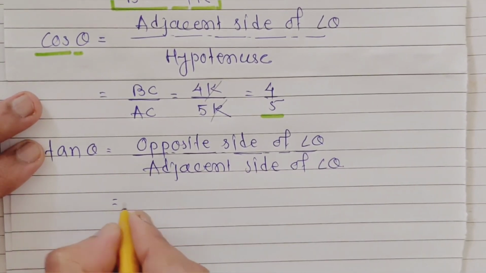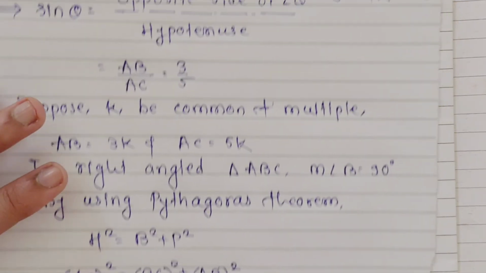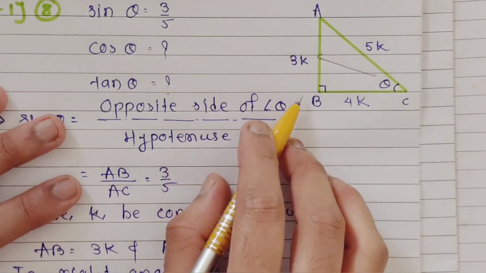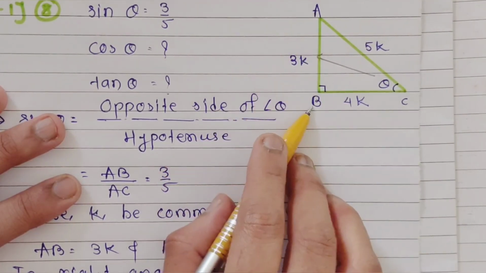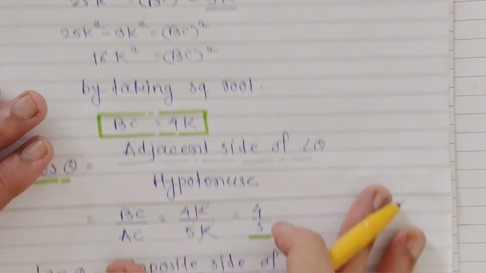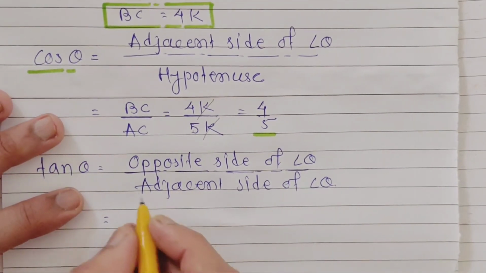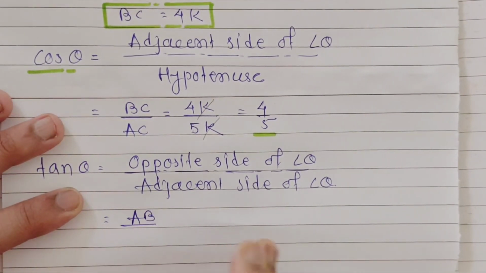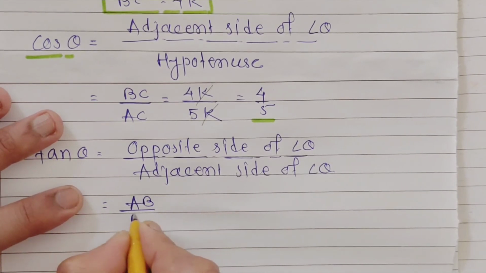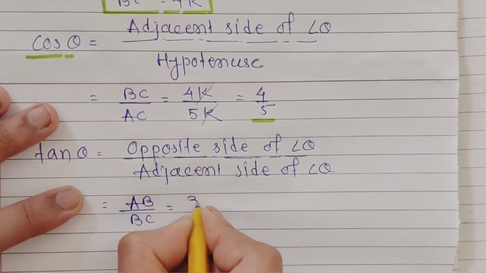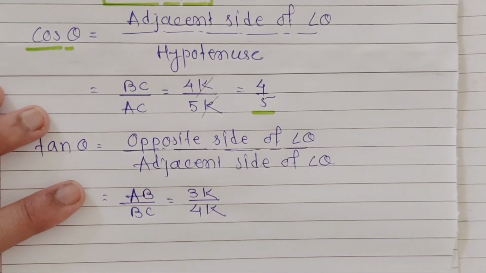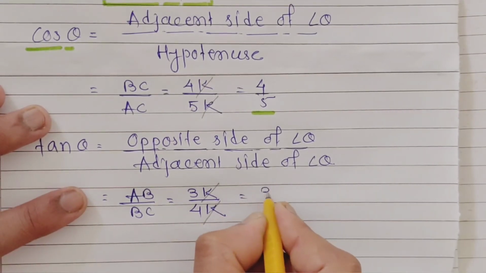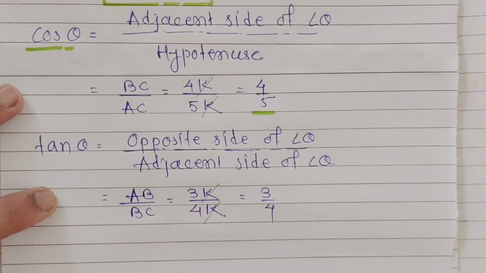So the opposite side, that means see the figure, the opposite side, that means AB, upon adjacent side, that means BC. So the ratio will be AB upon BC. So we can write opposite side, that means AB, upon adjacent side, that means BC. And AB is equal to 3K and BC is equal to 4K. So K cancels K, remaining 3 upon 4. So it is nothing but tan theta.